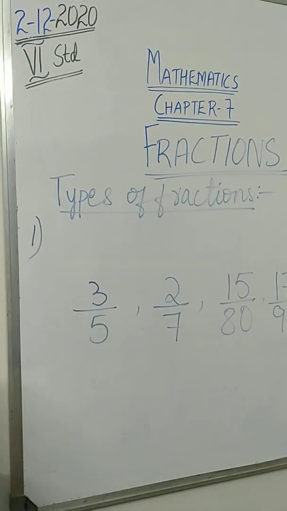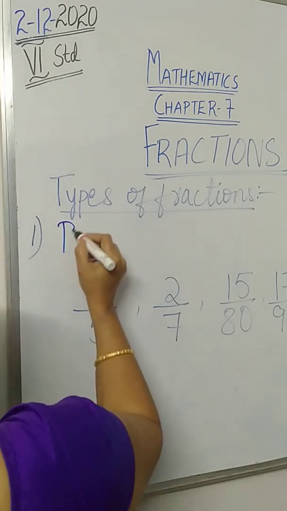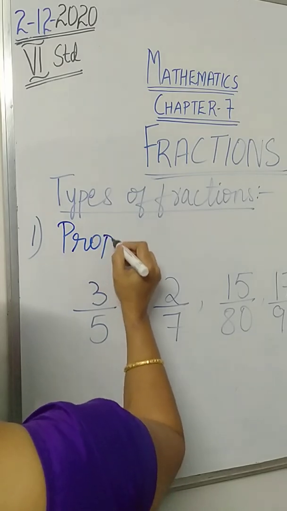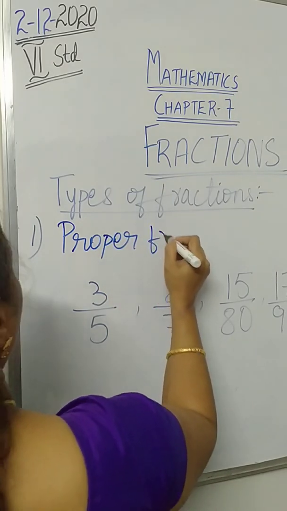If the denominator is greater than the numerator, such type of fractions are called, can you tell? Such type of fractions are called proper fractions. They are called proper fractions.